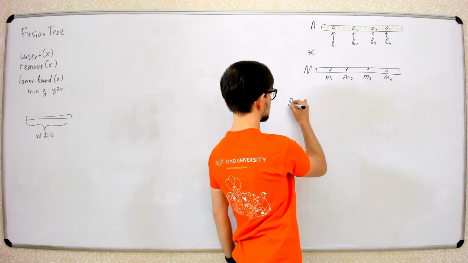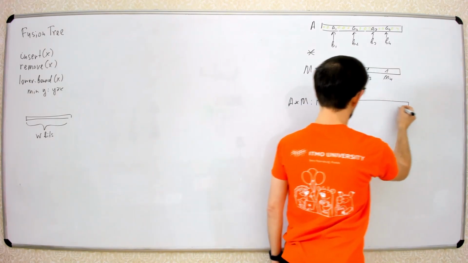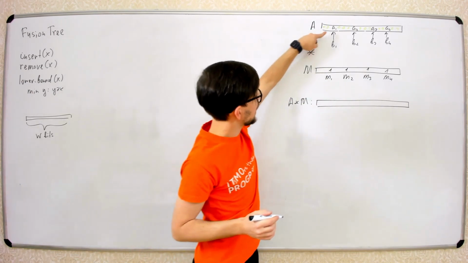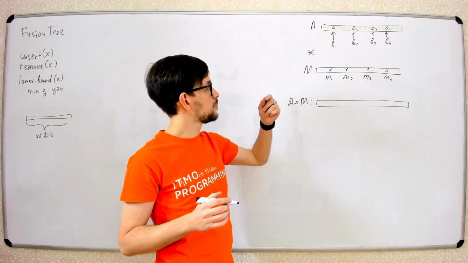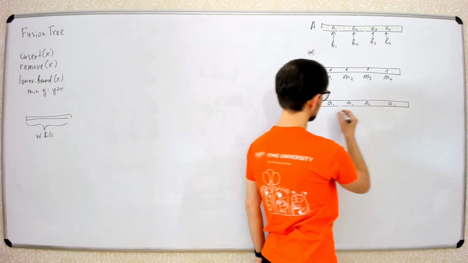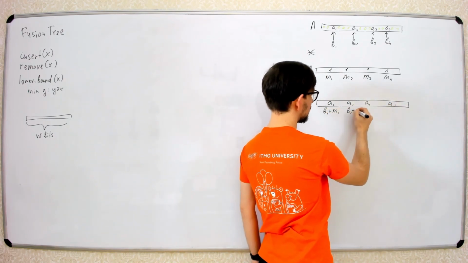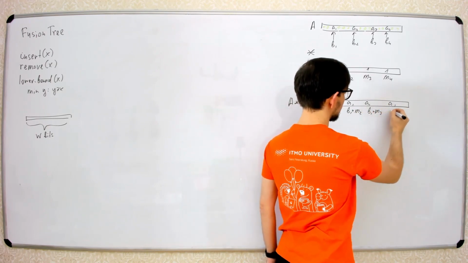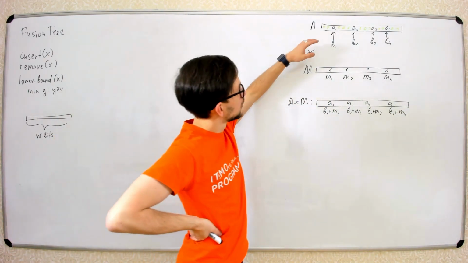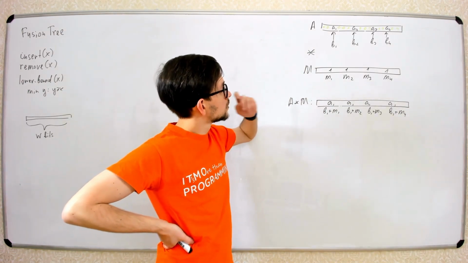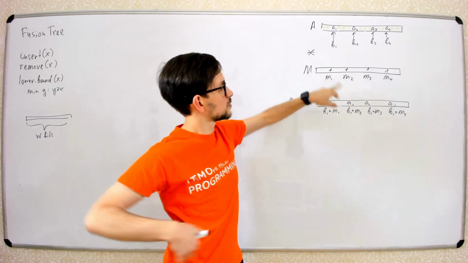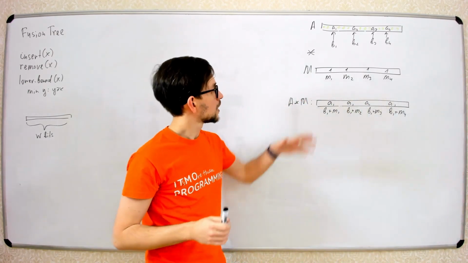I'll have a big vector where A1 will move to positions B1 plus M1, B1 plus M2, B1 plus M3, and B1 plus M4, so I have 4 copies of A1.